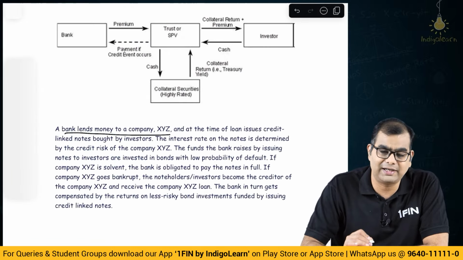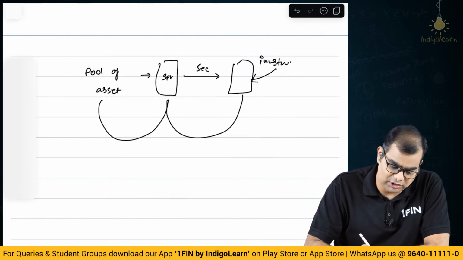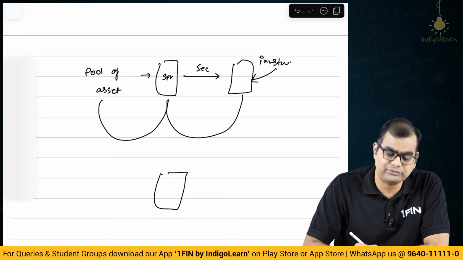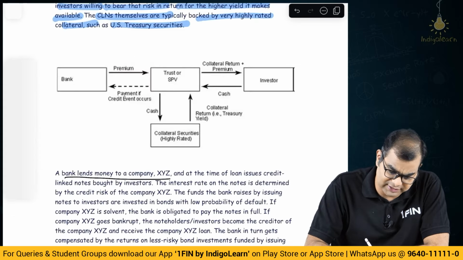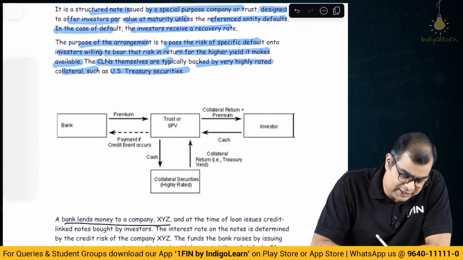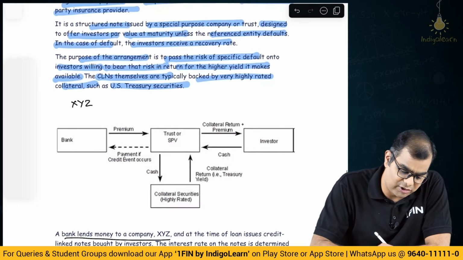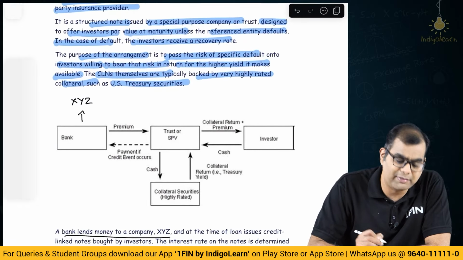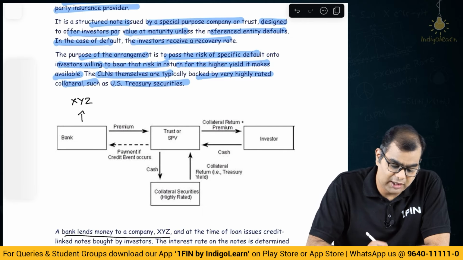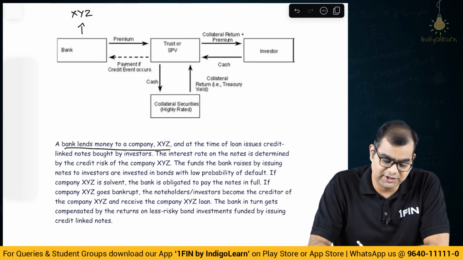What exactly is a credit linked note? A credit linked note also has a very similar structure. There is a bank, in fact I think the diagram is already here, we should use this. There is a company called XYZ, that is what they said, right? A bank lends money to a company called XYZ. Now, please note the difference between this and securitization.